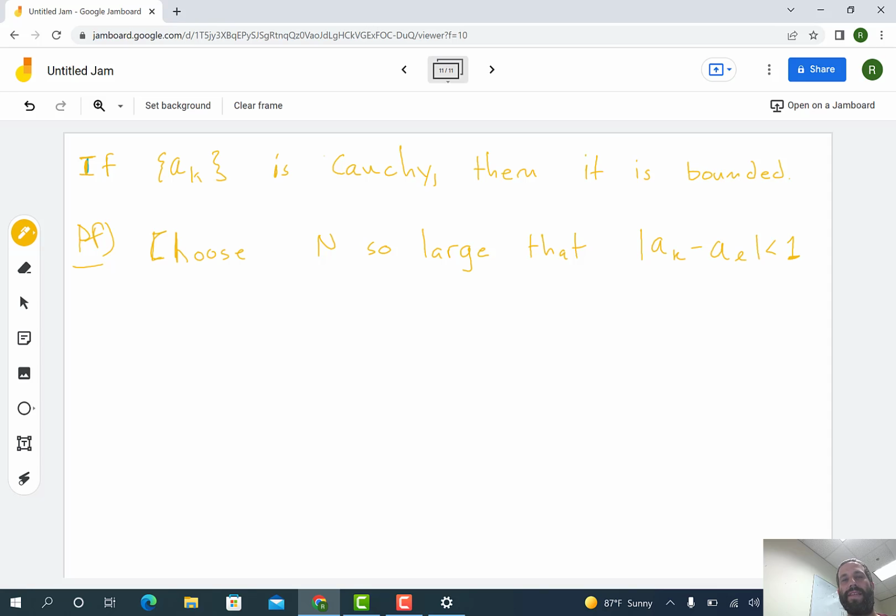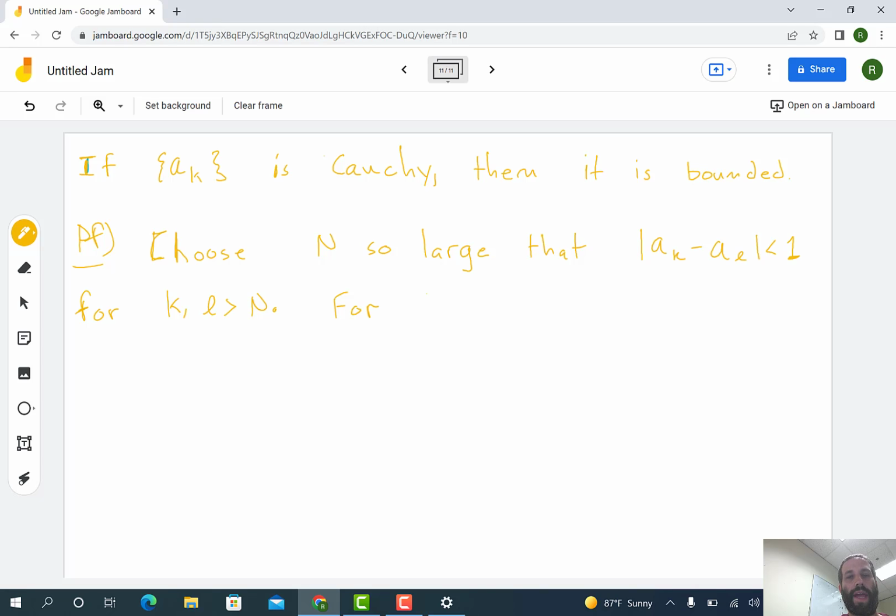In other words, take epsilon equals 1 in the definition of Cauchy sequence. Choose n so large that a_k minus a_l is less than 1 for k and l bigger than n.